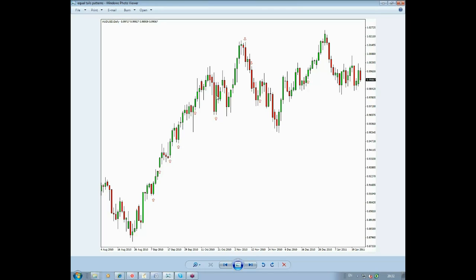So why should it work? And as we can see, it did not work. It failed. We had some up move, but then it retraced all the way down.